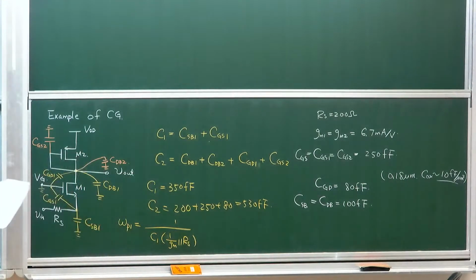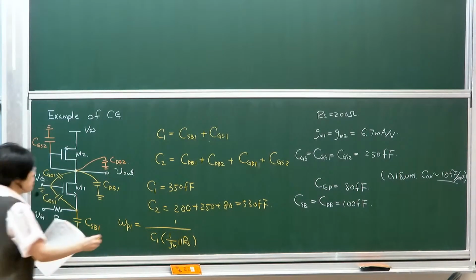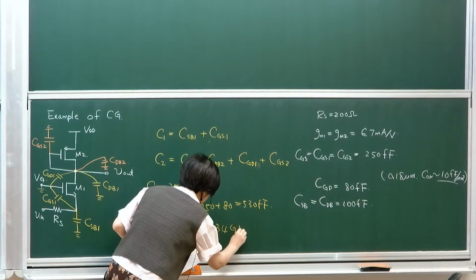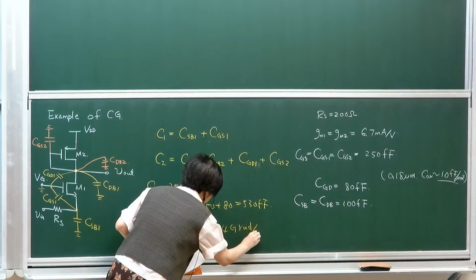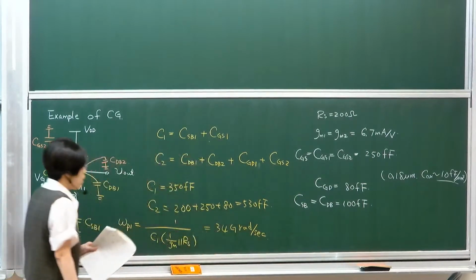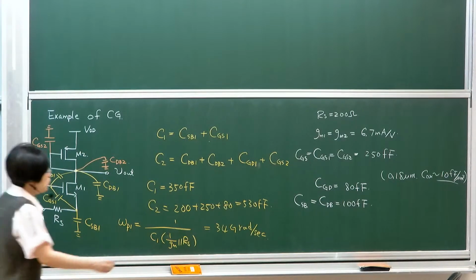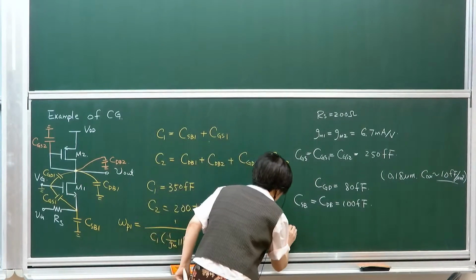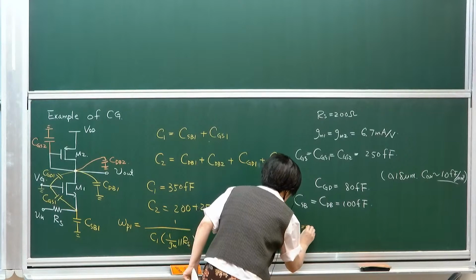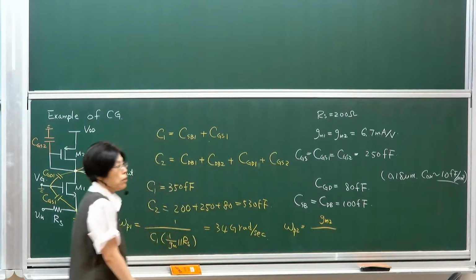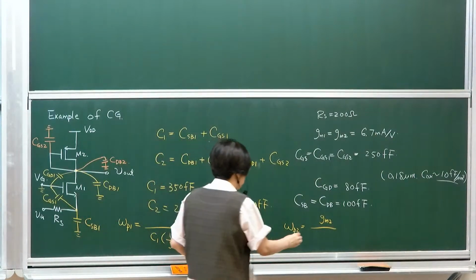You simply insert the numbers, and this will be somewhere around 34 giga radians per second. So this is already a very high frequency pole. And then omega p2, as we already know that the output resistance is 1 over gm2, so it's gm2 over C2.